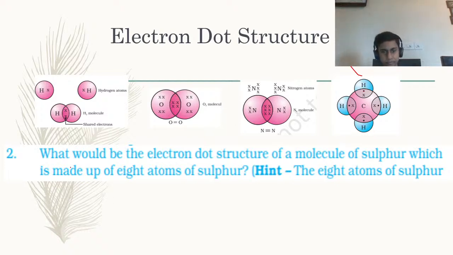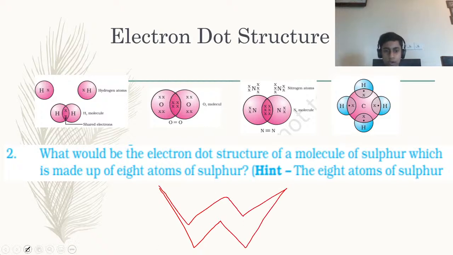Now, what would be the electron dot structure for a molecule of sulfur, which is made up of 8 atoms of sulfur, that is S8? It's also known as rhombic sulfur. So first we need to know the structure of sulfur. It looks like a crown. How do we draw it?